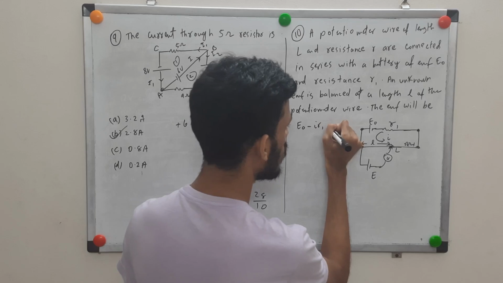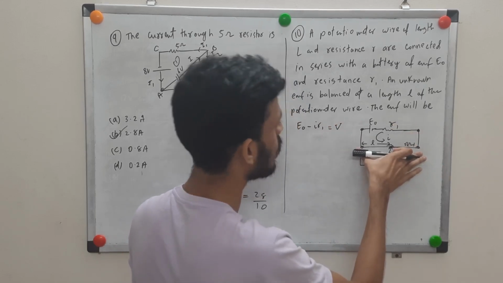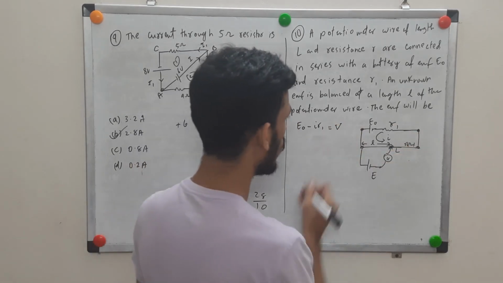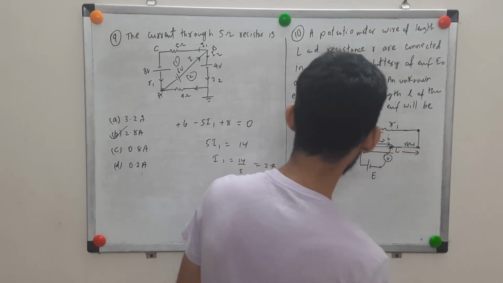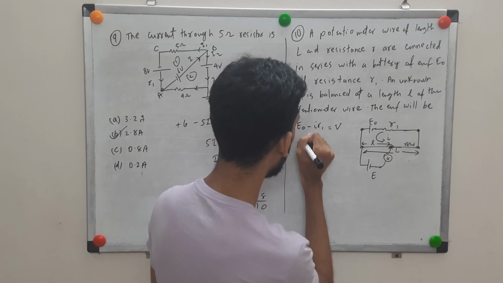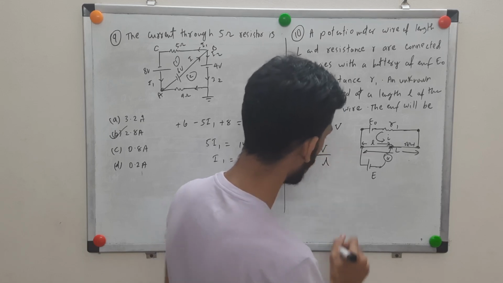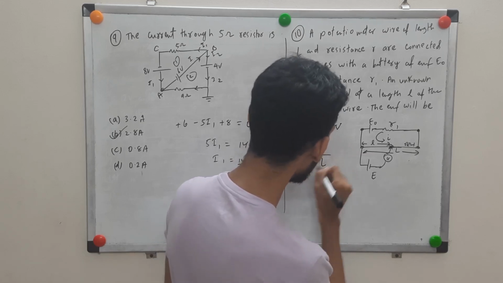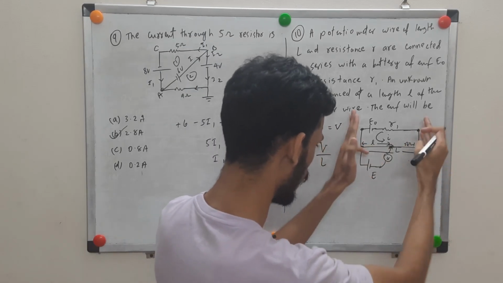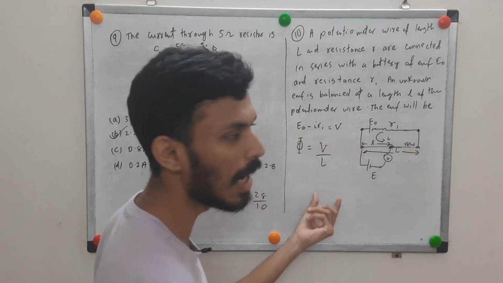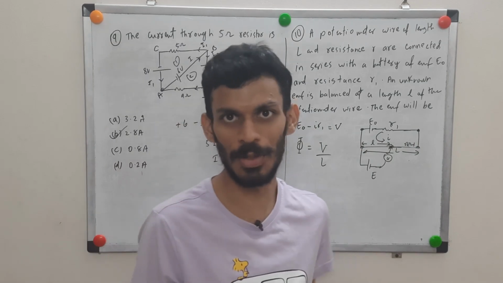So this is the voltage across the wire, and this is also the voltage across the wire. This voltage V is falling across length L, capital L, which is the length of the wire. So the potential gradient will be V by L, because the entire voltage V is falling across length L. That is the voltage falling per unit length, which is the gradient.